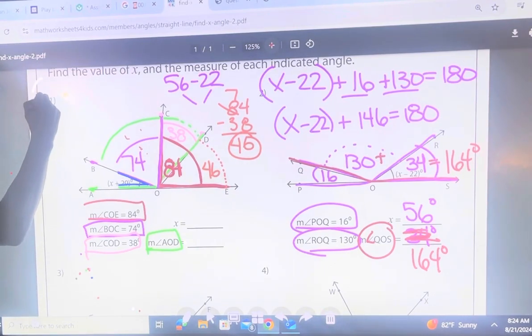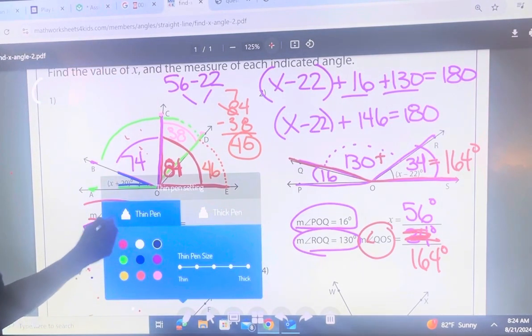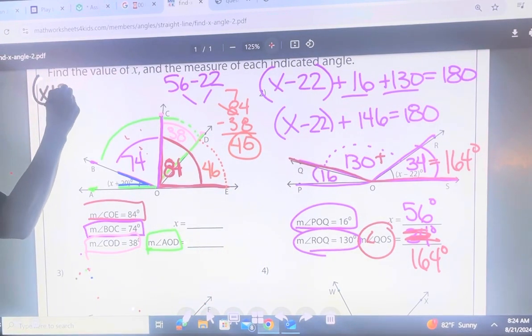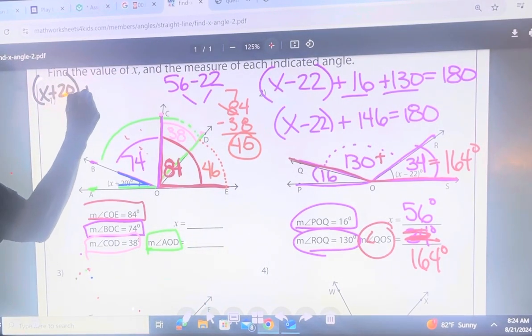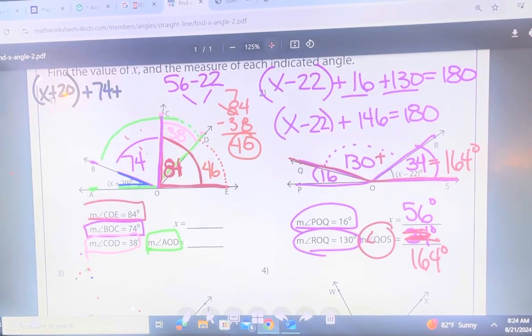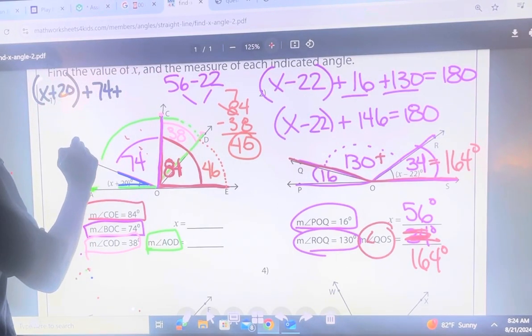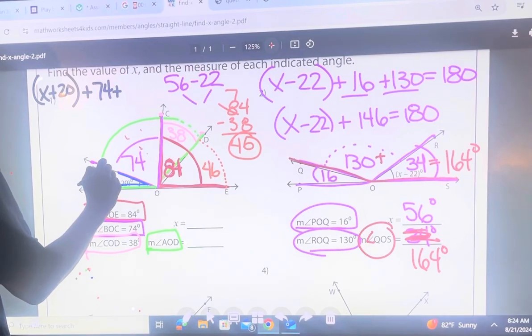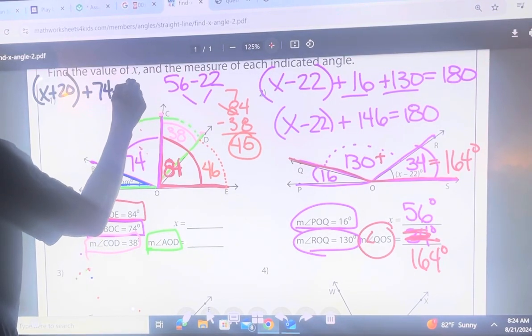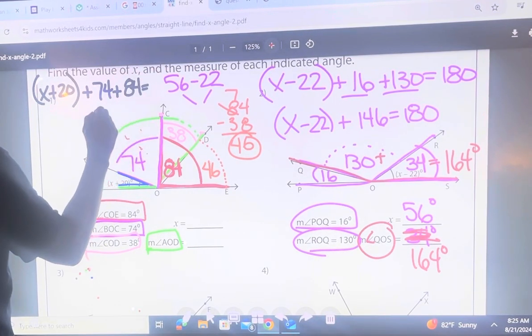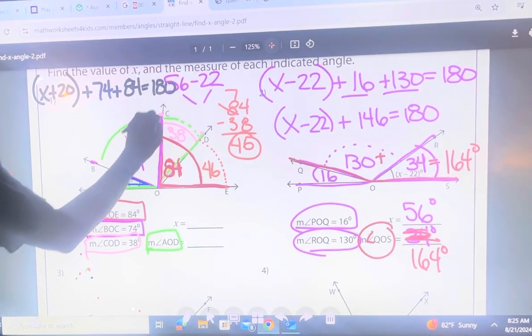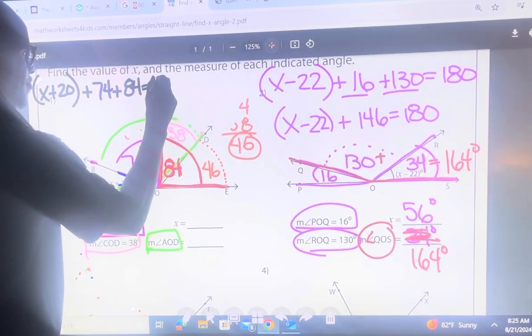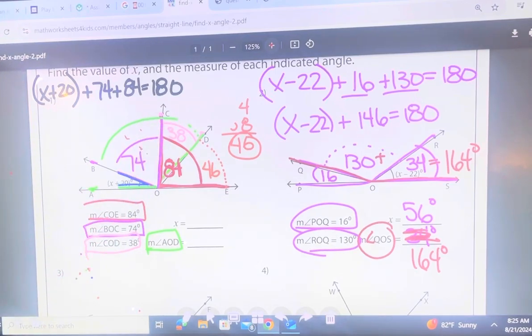So to solve this, you should have x plus 20 plus 74 plus 84 got to equal 180. I think that's it. So the 74 plus the 84, x plus 20 plus 74 plus 84, that's it.